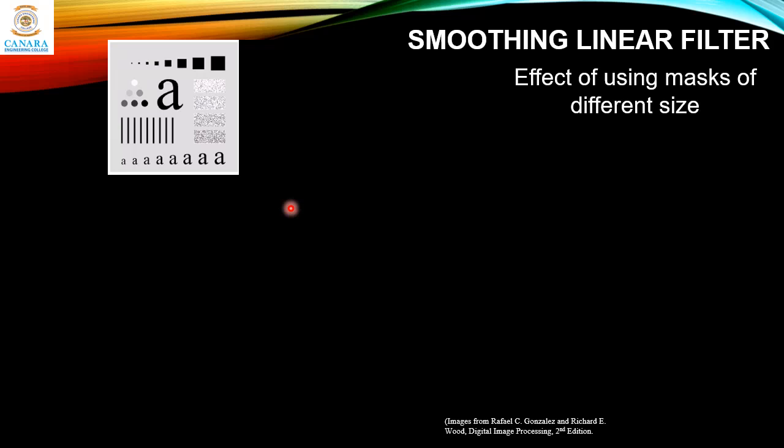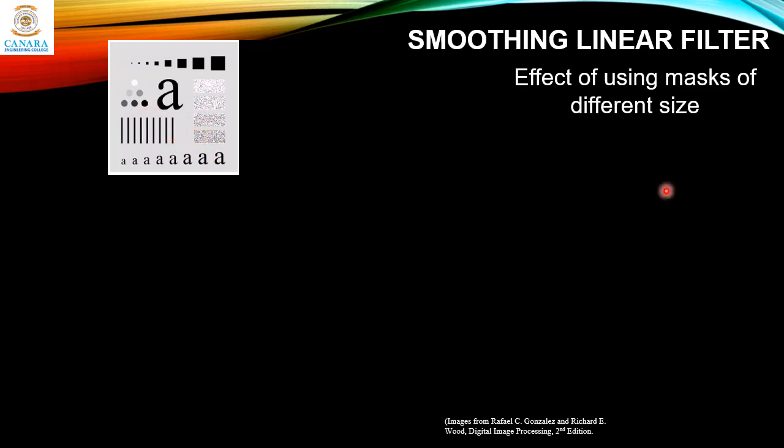Let us understand the effect of using various sizes of filtering masks on an image. So this is the test image which has various patterns like increasing size of a square block, a dark square block, and letter lines, increasing the size of the letters here, and noise rectangles. Many patterns are there which could be found in any regular image. So this is a test pattern.